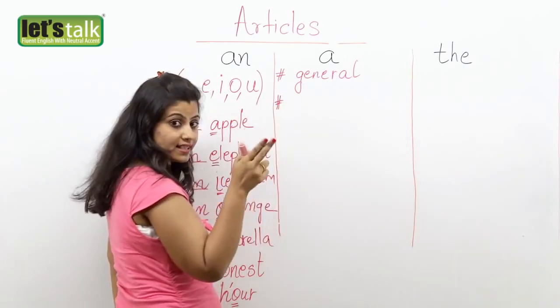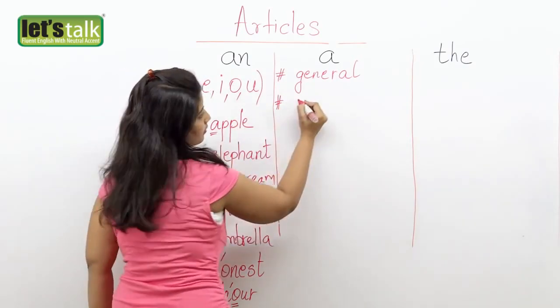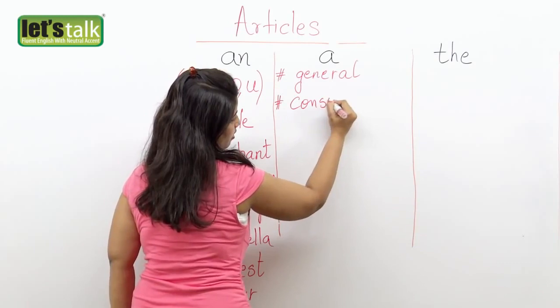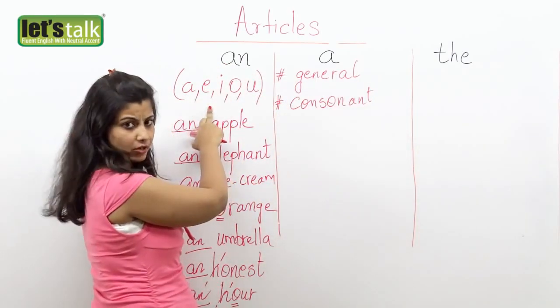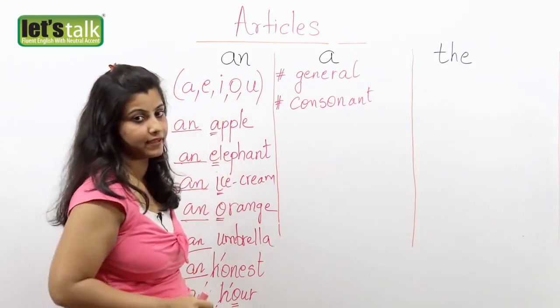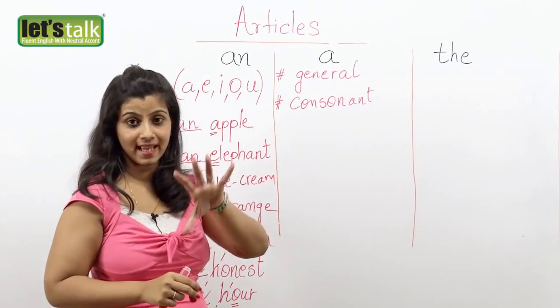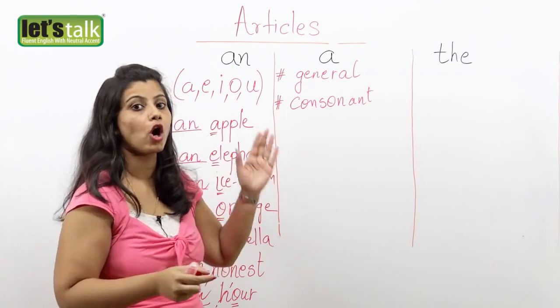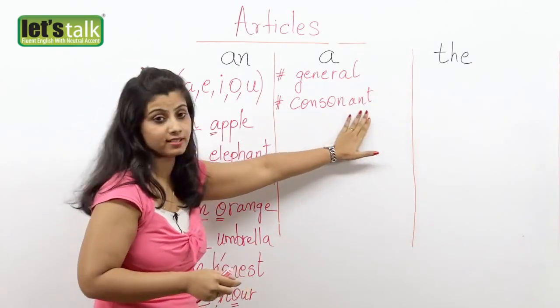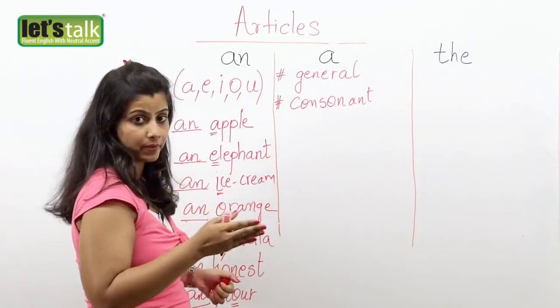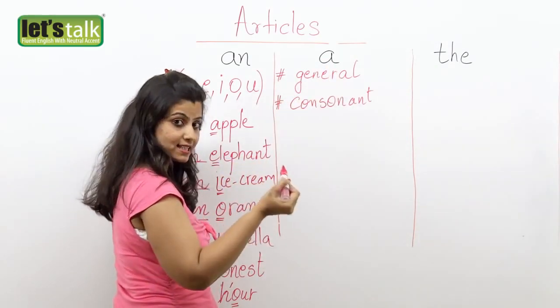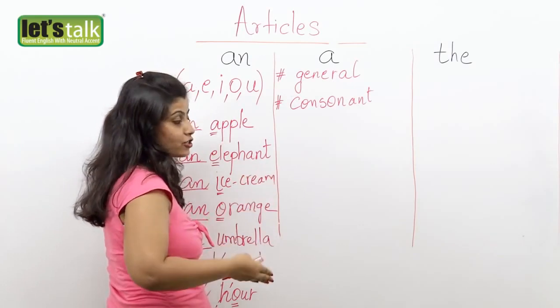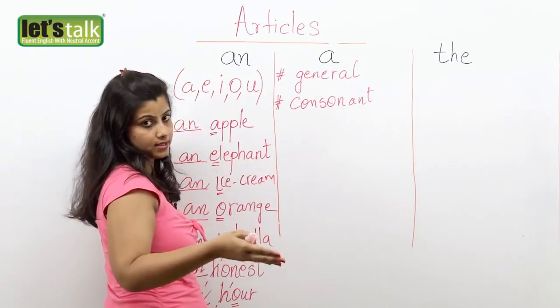Then, another easy tip to remember, consonant. Here we studied about vowels, right? So obviously, if we have 5 vowels from A to Z, the other alphabets automatically become consonants. So what we have to remember is that when I have to place my article A in a sentence, it necessarily has to be before a consonant.